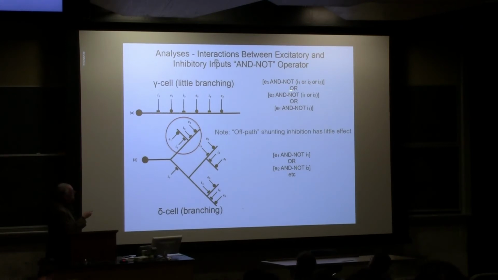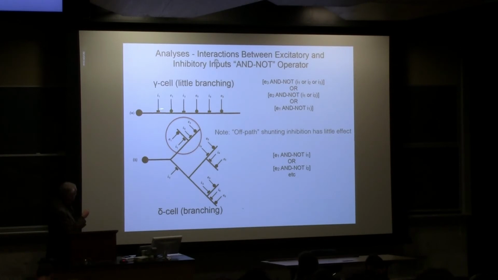Yeah, so what the OR is saying is that this could happen. That's one way the neuron can fire, is if there's an excitatory input here and these inhibitory inputs aren't on. But there's another way for the neuron to fire, and that is if there's an excitatory input here and these two inhibitory inputs are not on. That's this condition, and therefore the neuron can fire if this condition is true, or if this condition is true, or if this condition is true.